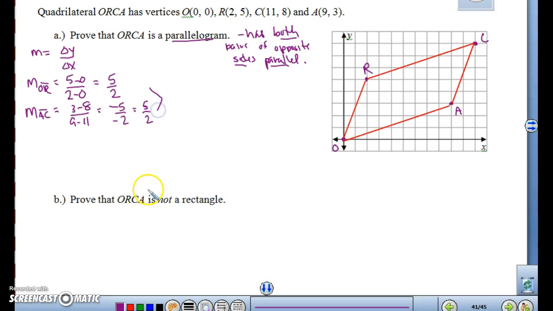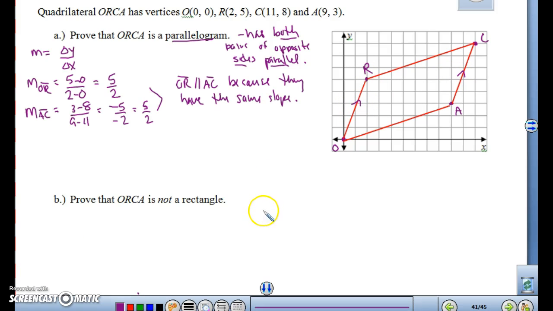So, what do we know about OR and AC? They're parallel. OR is parallel to AC because, you have to write the because, they have the same slope. So now we have one pair of opposite sides parallel.